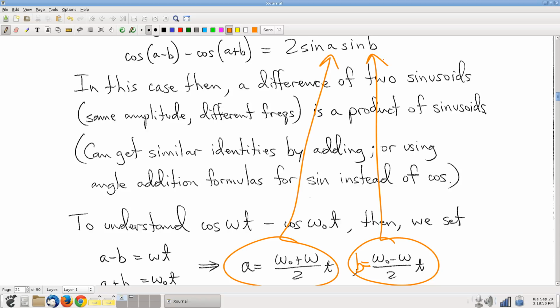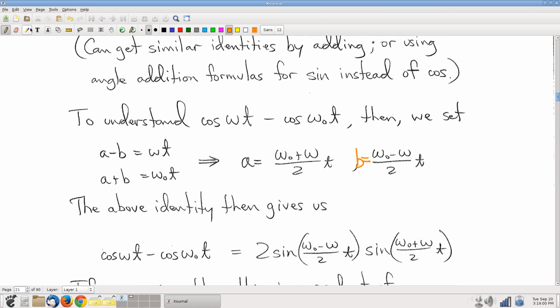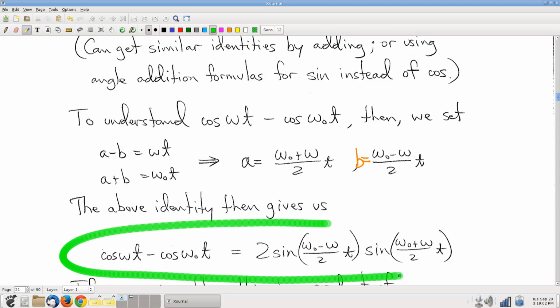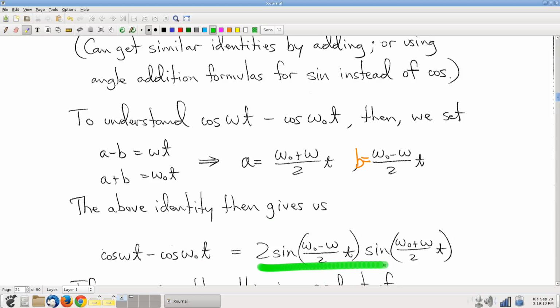And therefore our function turns into this. So the function we're trying to understand, the solution to our differential equation, is a product of two sine waves like this.